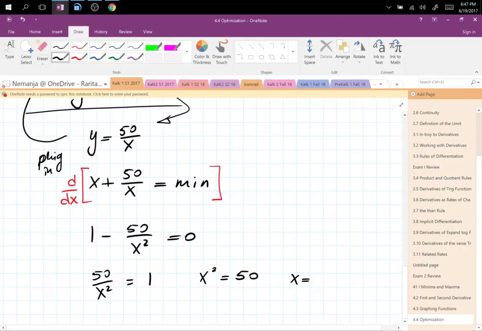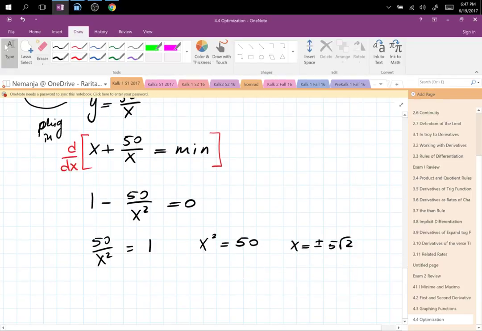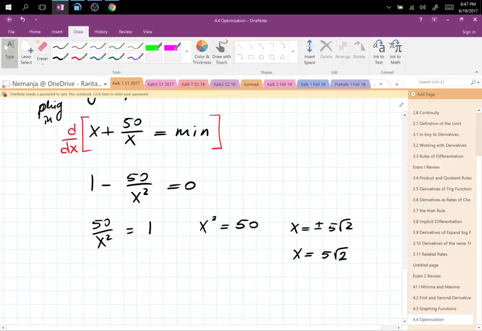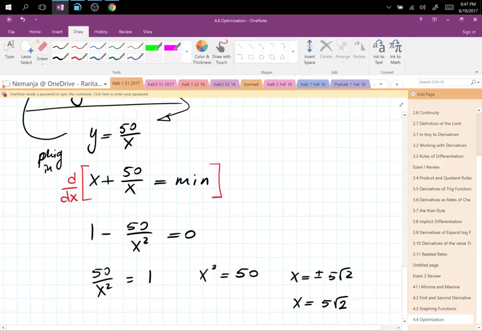So square root of 50, we are going to have the answer plus and minus 5 root 2. But we know we can't use minus, because the problem said positive values. So just 5 root 2.